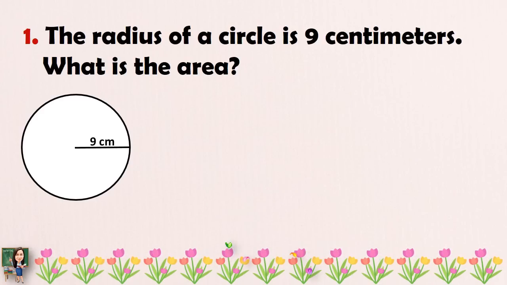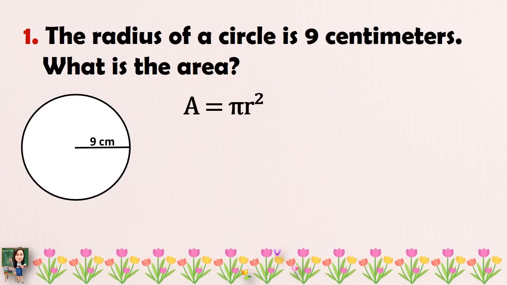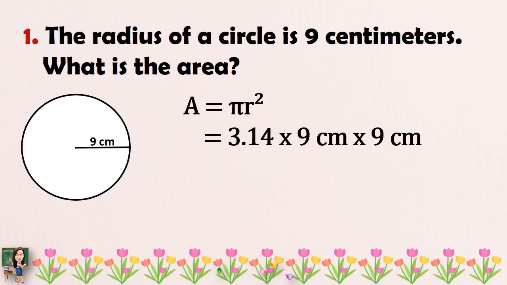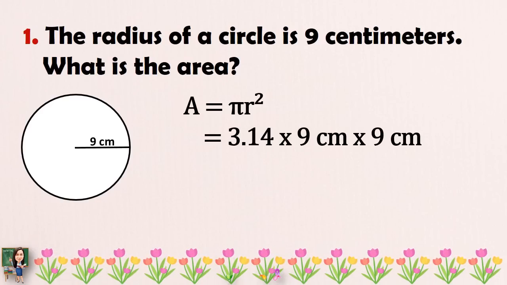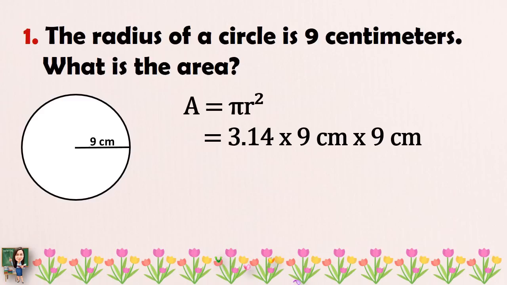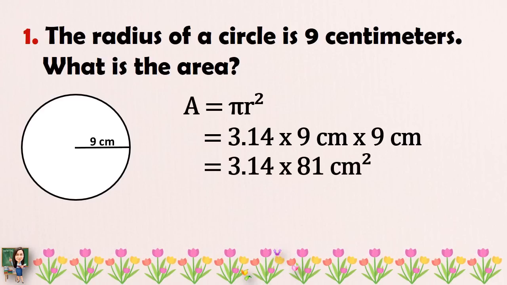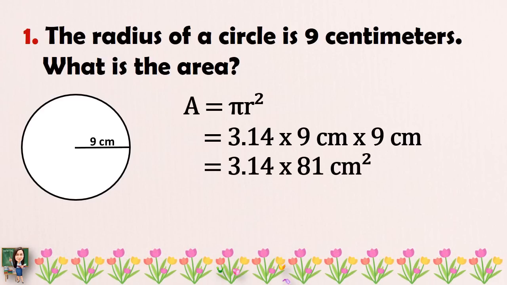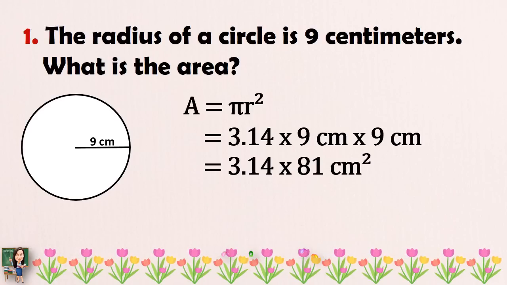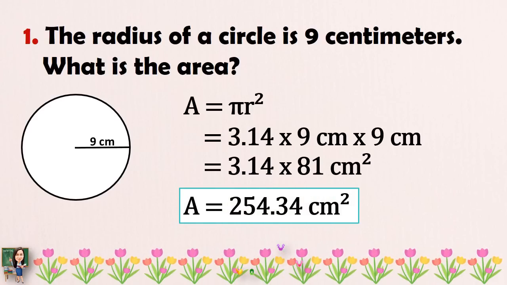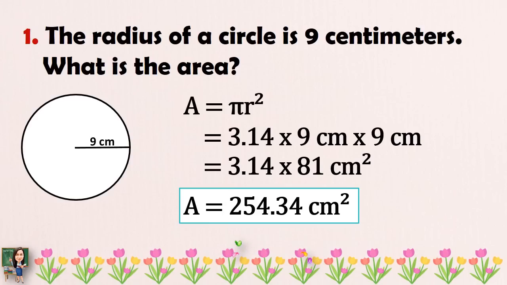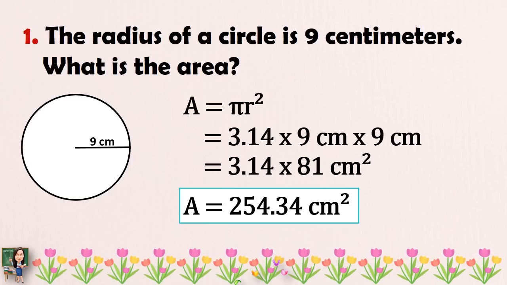The formula, A equals pi r squared, or pi 3.14 times twice the measure of the radius, 9 centimeters times 9 centimeters. 9 times 9 equals 81 square centimeters. Now multiply 3.14 times 81 equals 254.34 square centimeters. This is the area of the circle.